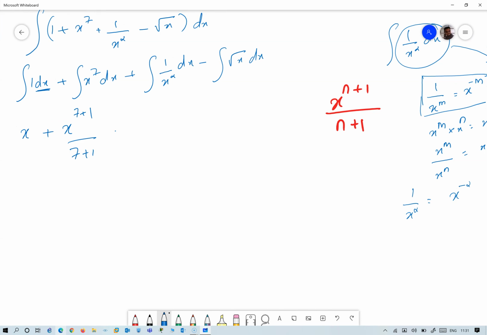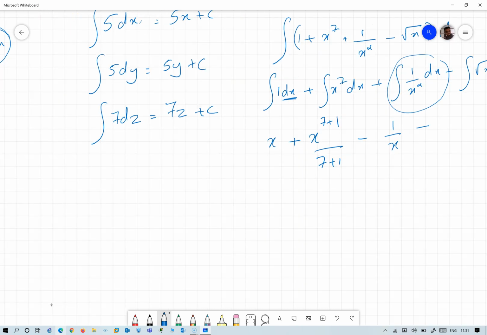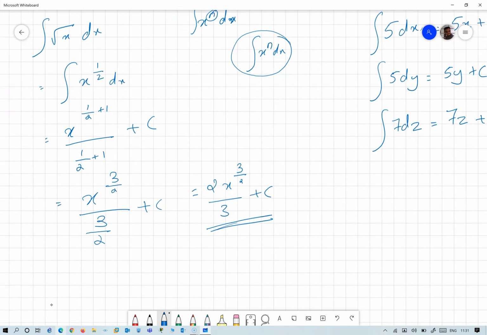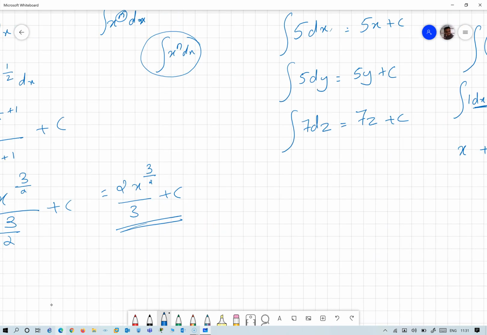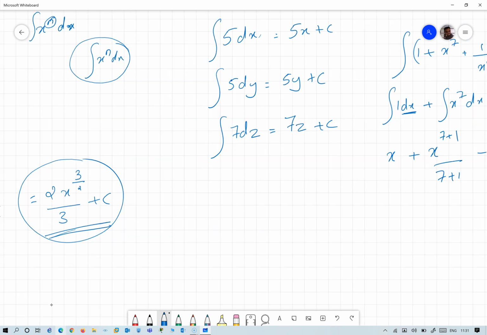So integral 1 over x square dx is minus 1 over x, and minus integral square root of x dx. Integral square root of x dx, we have already found the answer here, is 2x to the power 3 over 2 over 3.